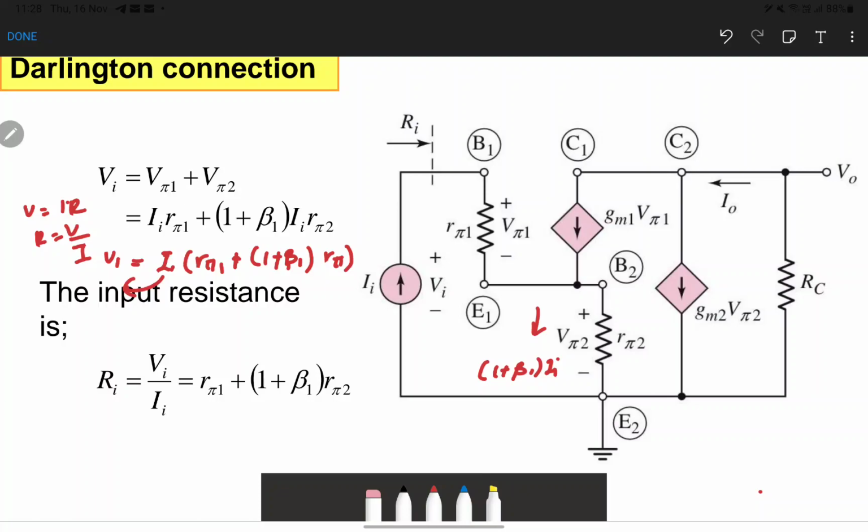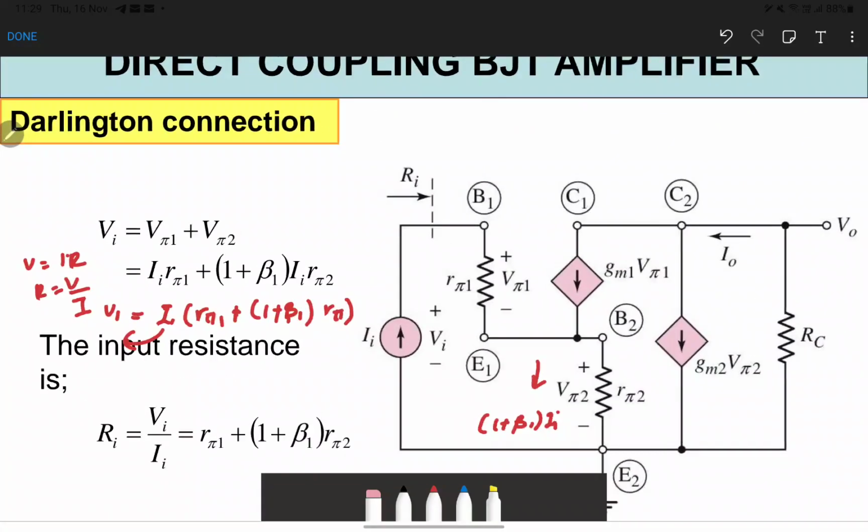To prove this configuration provides very high input impedance, we try to find how to compute our input resistance, or input impedance. The input resistance is located at base to emitter 1 together with base to emitter 2.